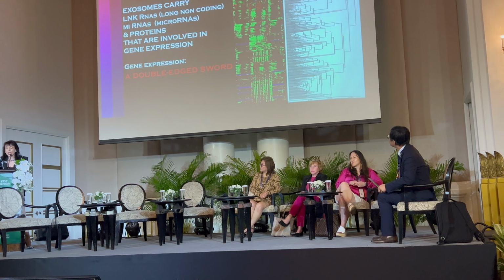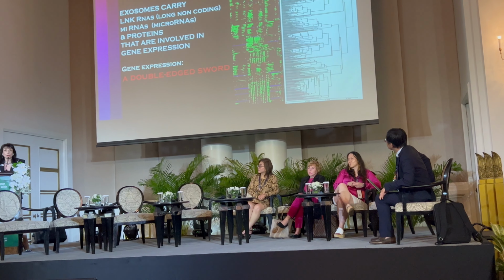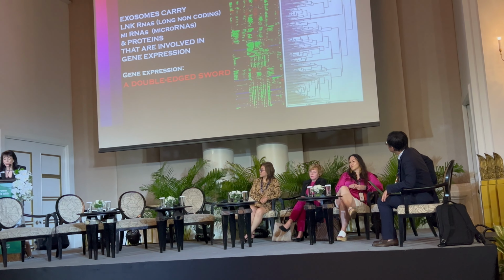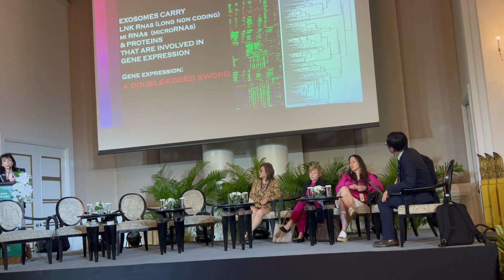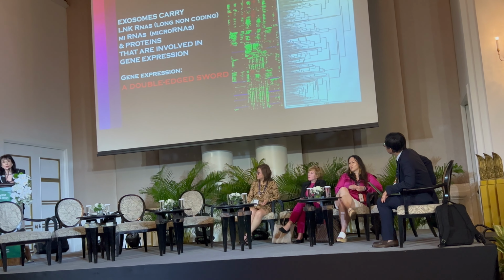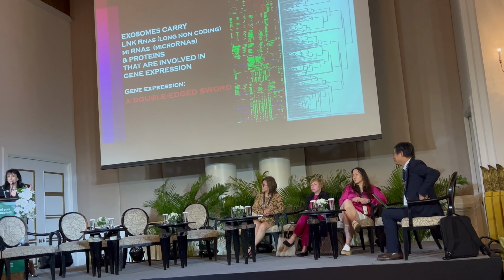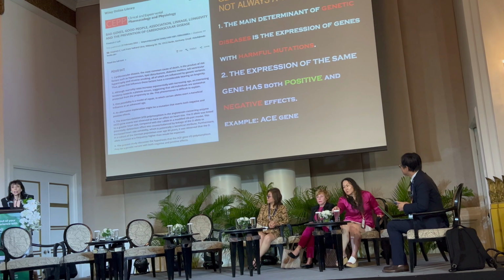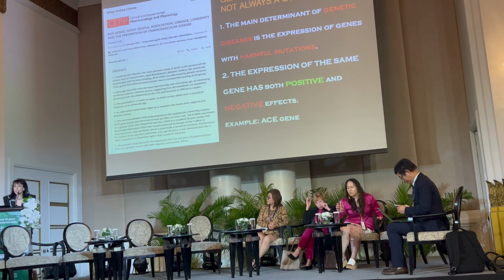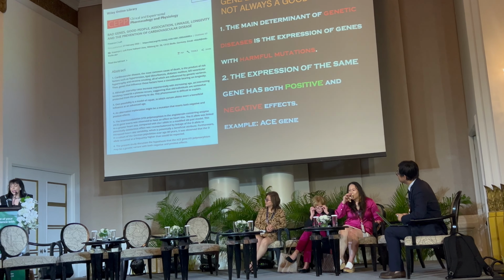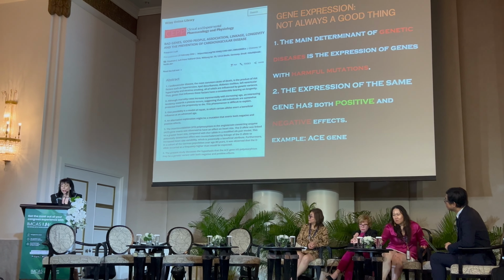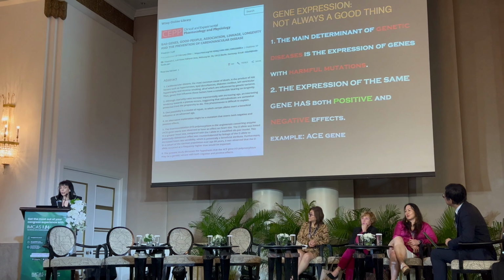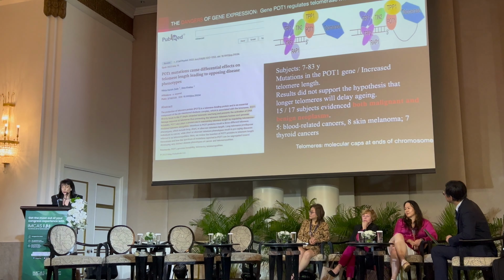So exosomes carry the long non-coding RNAs, like we saw before, and the microRNAs, and these are involved in gene expression, and gene expression can be a double-edged sword. Why? Because certain genes can enhance illnesses and harmful mutations. And then, of course, you have the positive genes that can enhance a number of good things.